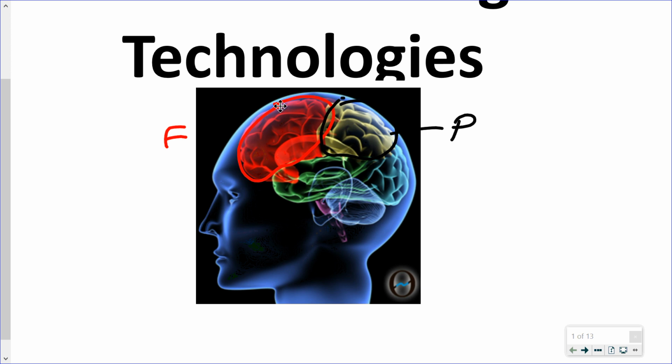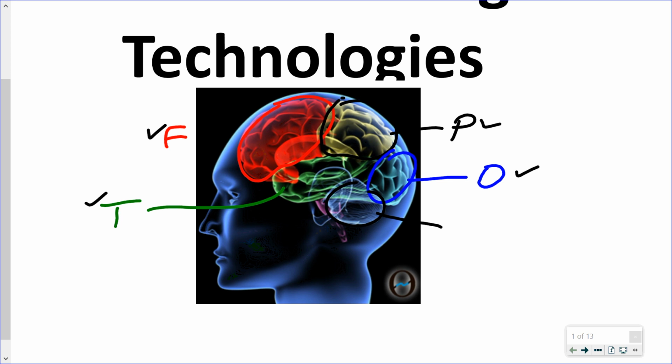Right at the back of your brain, shown in blue here, is the occipital lobe. Green along the sides where your ears are is the temporal lobe. And one other important structure, sitting below the occipital lobe, is the cerebellum. The cerebrum is made up of four lobes: the frontal, the temporal, the parietal, and the occipital.